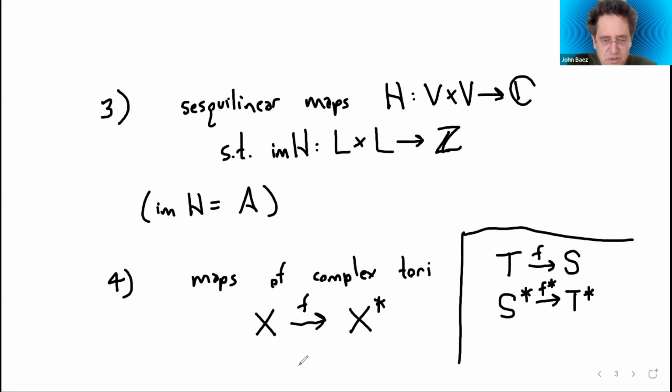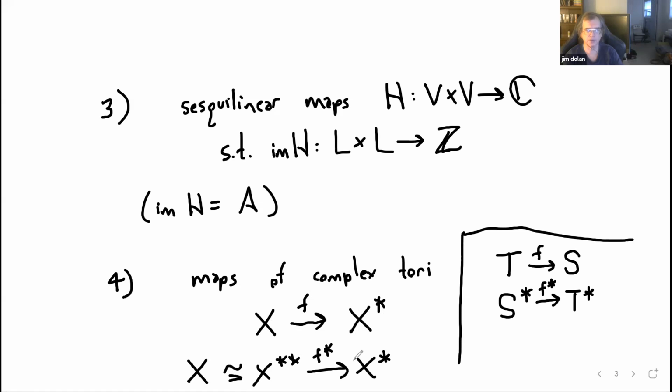But the funny thing is that if you dualize it, you get a map from X double dual to X dual. But X double dual is naturally isomorphic to X, and this works the way you'd hope.